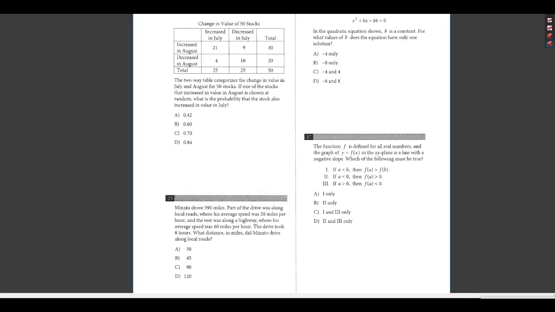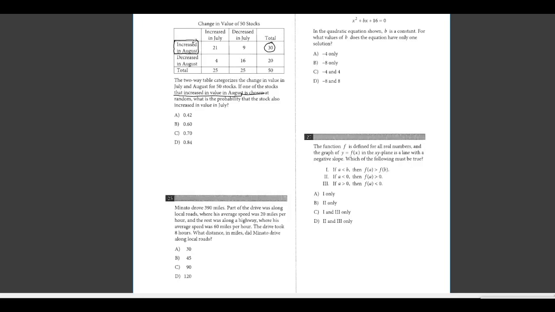All right, number 24, we have a two-way table. If one of the stocks that increased in value in August is chosen, right? We choose out of this one, increased in value in August, the total. We don't care about July.